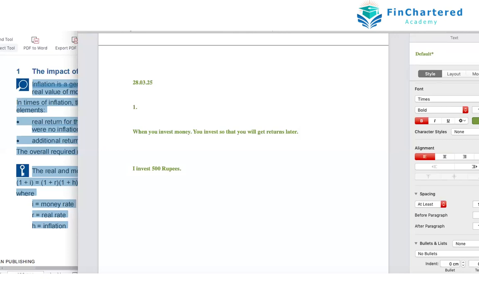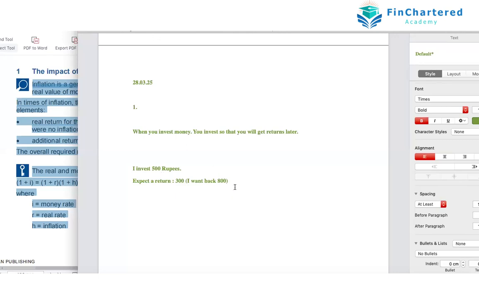When I get a return, I would expect a return of more than 500, correct? I would want to make money. I don't want to just invest 500 and get back 500. I want to make money, right? So I expect a return and I say, okay, I want a return of 300, meaning that I want back 800.